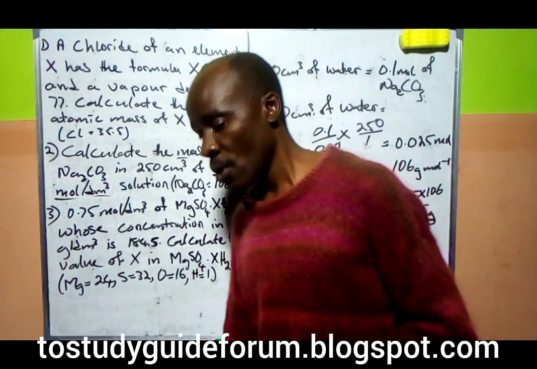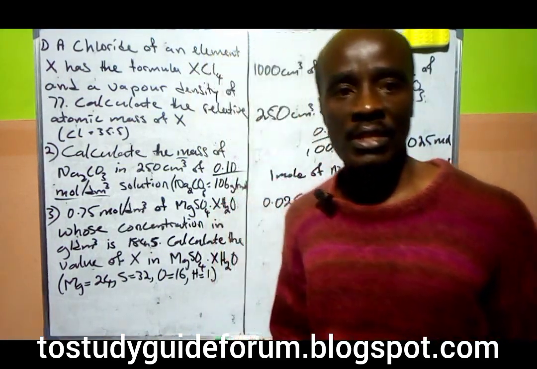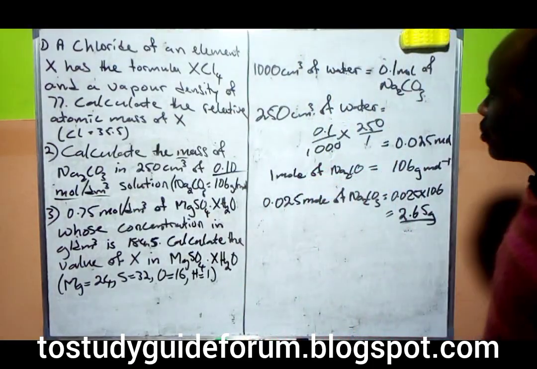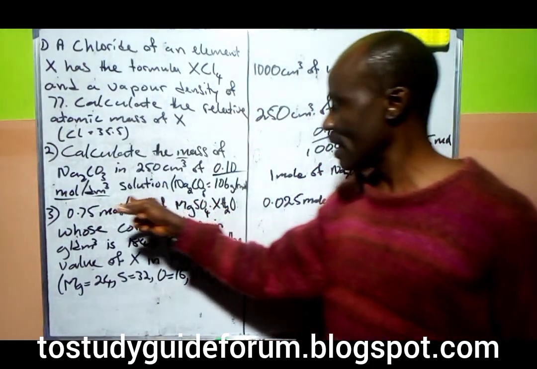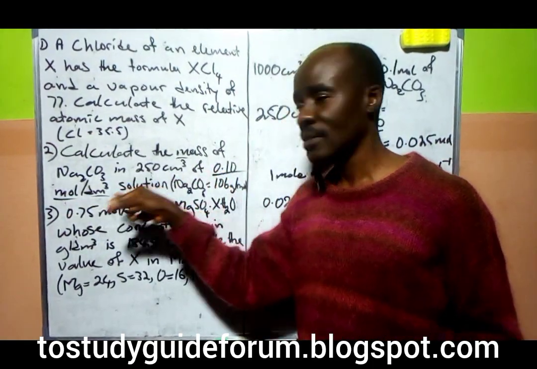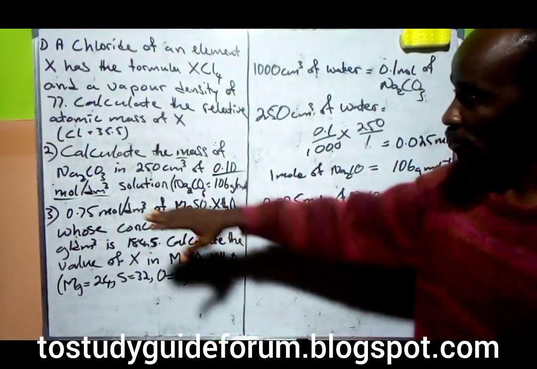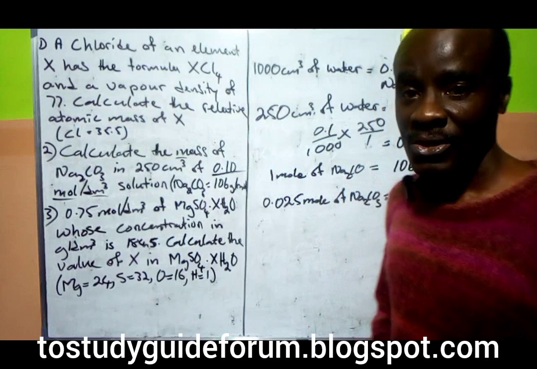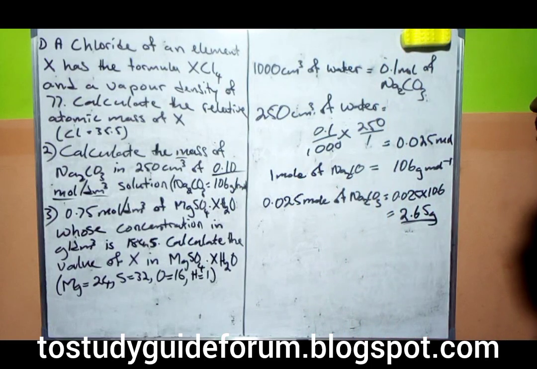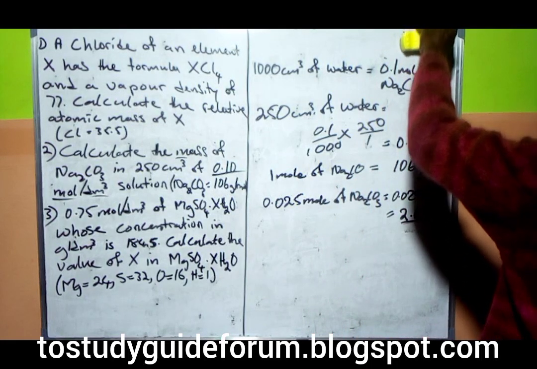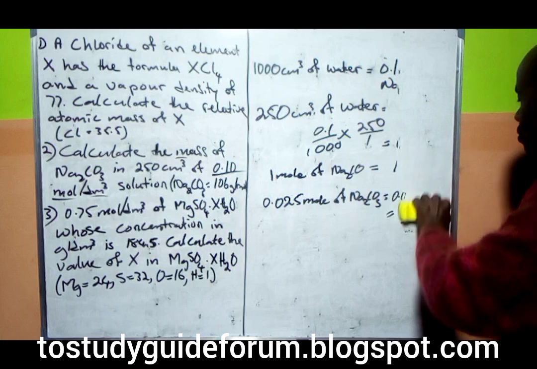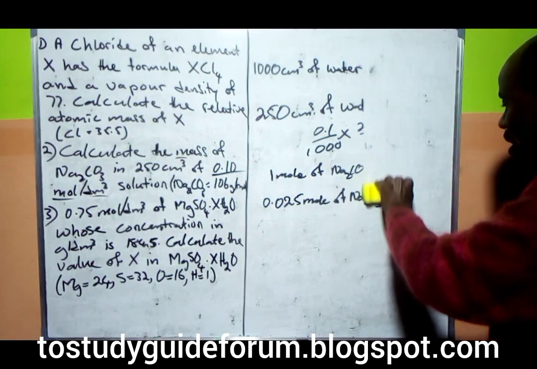Now we're going to be using another method in solving this problem. The other method is to first find out the mass contained in 0.1 mole of the solution of sodium trioxocarbonate.